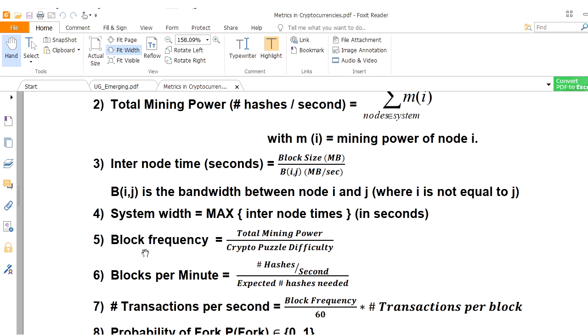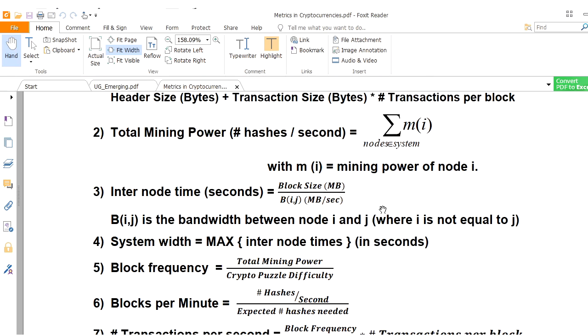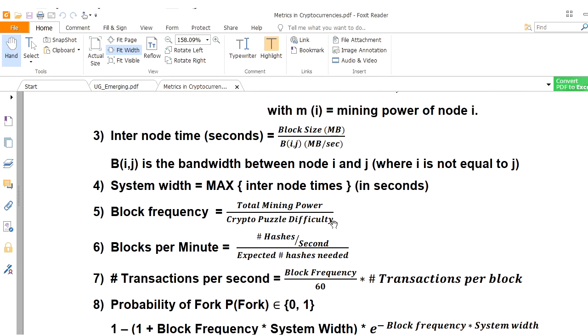Next is block frequency. Block frequency is equal to total mining power divided by crypto puzzle difficulty. What is the total mining power you have? Total mining power is calculated in the second one, that is the hash power of all the nodes. Difficulty, we have already seen the formula. So next is blocks per minute.